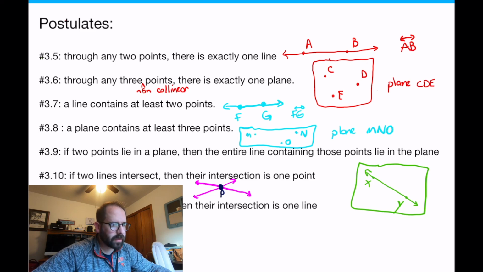And this is the part that I want you to kind of wrap your head around. We've talked about a point being an infinitely small point, right? It's a location in space labeled with a capital letter. That's the definition of a point. To draw a point, you need two lines across. And lines have 2 points on them, according to 3.7, right? If you look up above, a line contains 2 points. So it just spirals out of control.